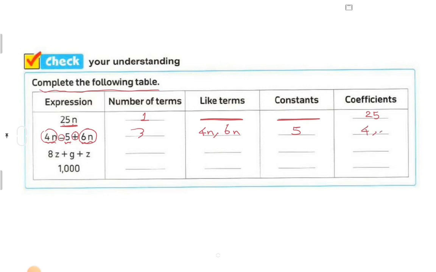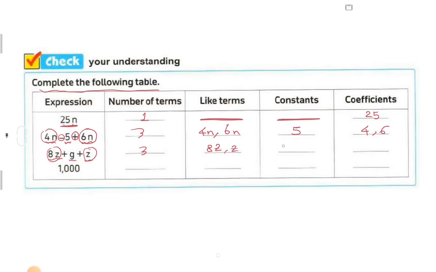Here we have 1 term, 2 terms, 3 terms also. Like term, we have here z and z. So this term is like this term because of the same variable: 8z and z.